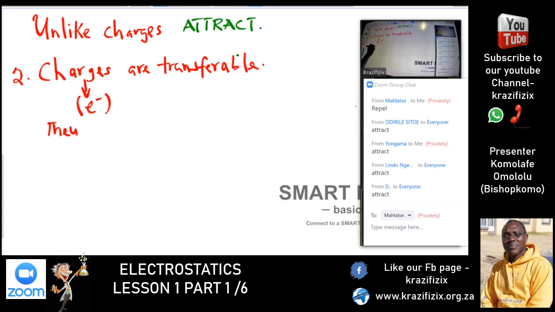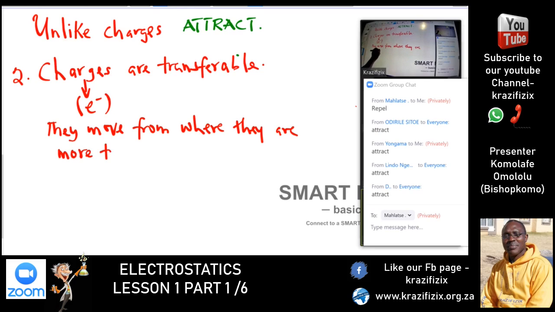Electrons are transferable. They move from where they are more to where they are less.